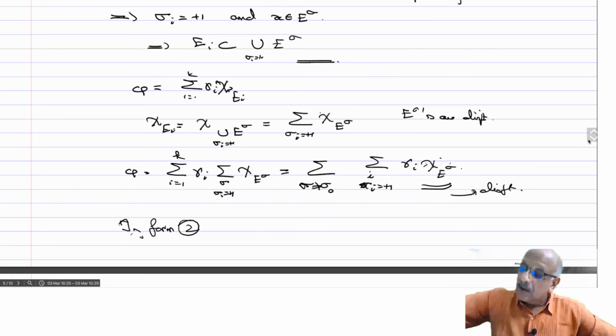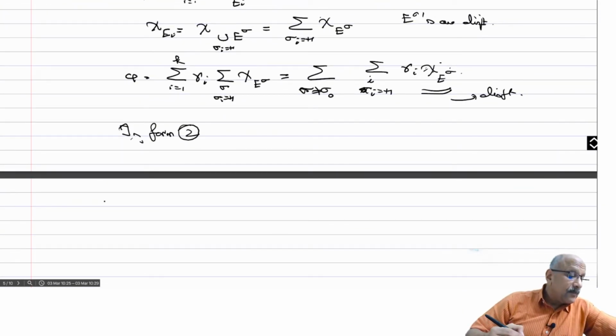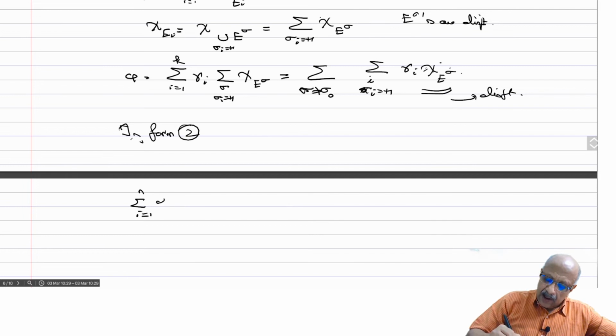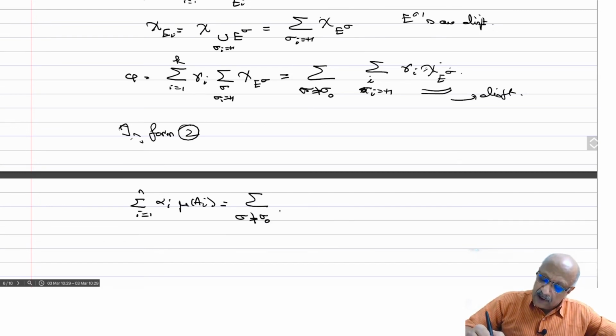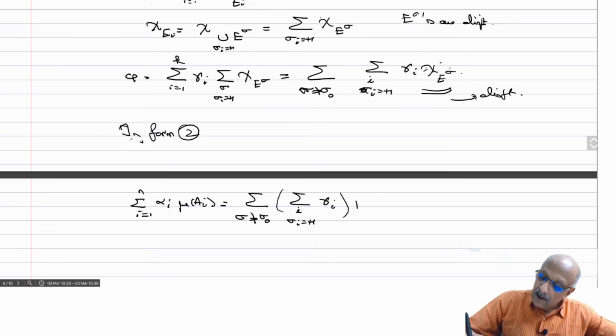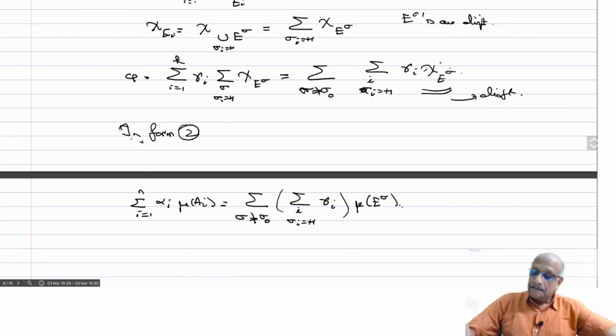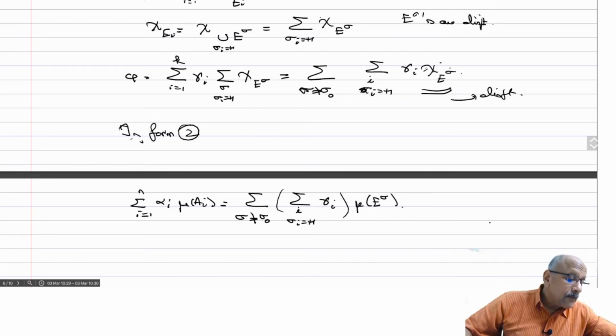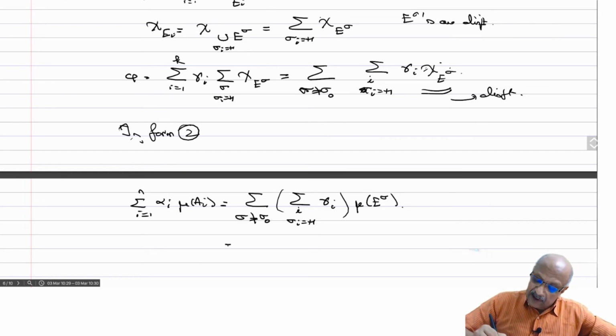So this is in form 2. Then you have that the sum over i from 1 to n of alpha_i mu of A_i is equal to the sum over sigma not equal to sigma naught, over all i with sigma_i equal to plus 1, of gamma_i mu of E_sigma. Again, I will interchange the order of summation.